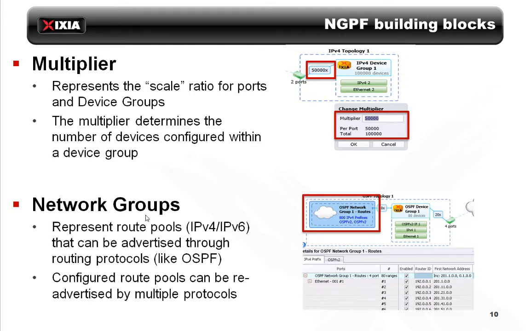terminology for multiplier and network groups. The multiplier is a scale ratio for devices within a device group. So as you can see on the right hand side here, the number of ports times the multiplier equals the number of devices within the device group. So in this case there's 2 ports, there's 50,000 devices per port for a total of 100,000 devices.